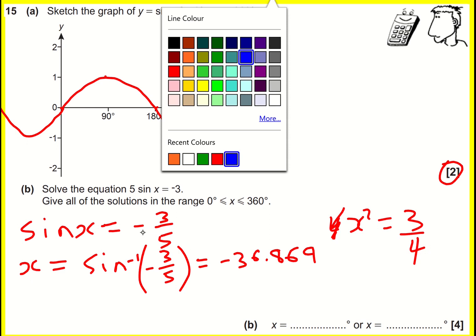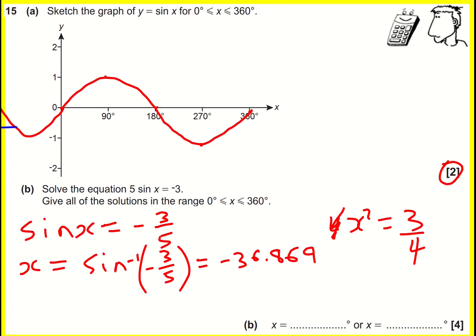We are interested in where sine x is -3/5. That's -0.6. So we're interested in where the graph meets the line of y equals -0.6. And we've just found this solution here, but it's not in the range we're interested in.